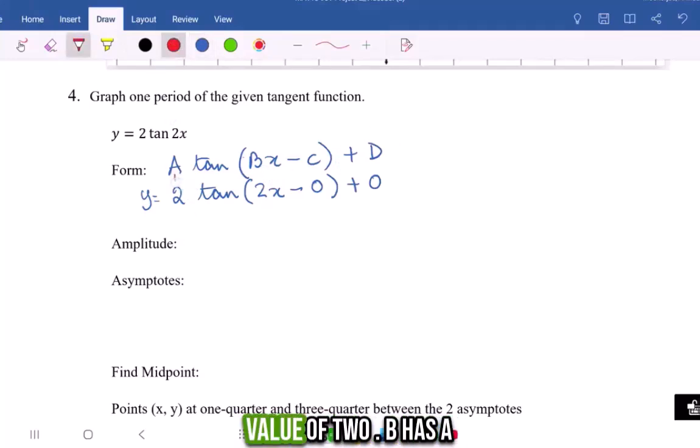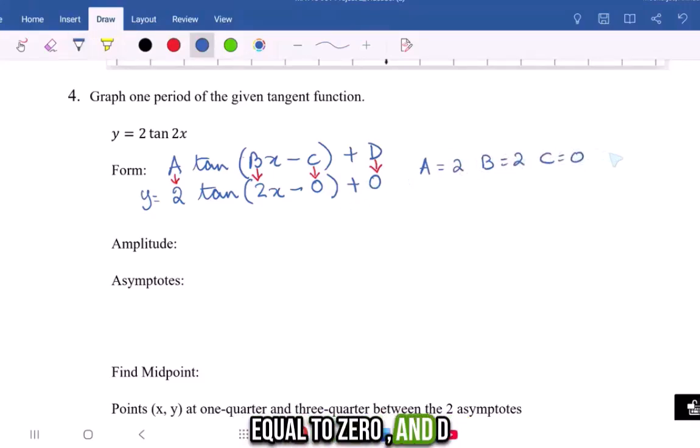A has a value of 2, b has a value of positive 2 as well, c has a value of 0, and d has a value of 0. Let's write out these values. A equals 2, b equals 2, c equal to 0, and d equal to 0 as well.